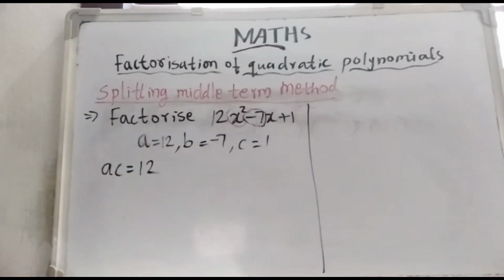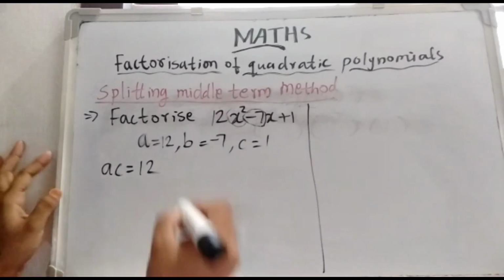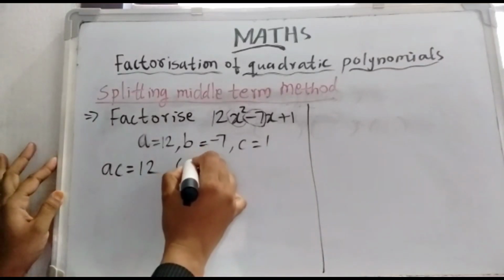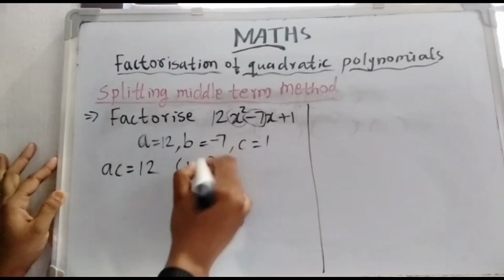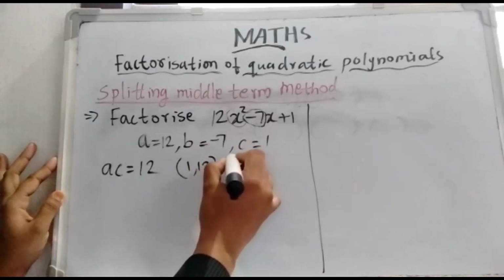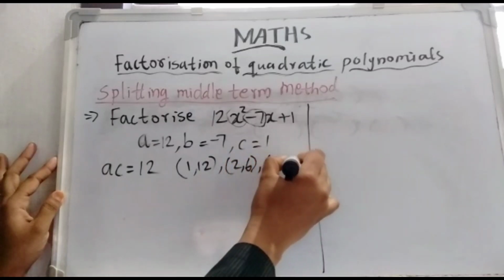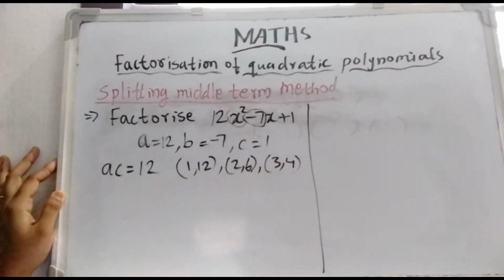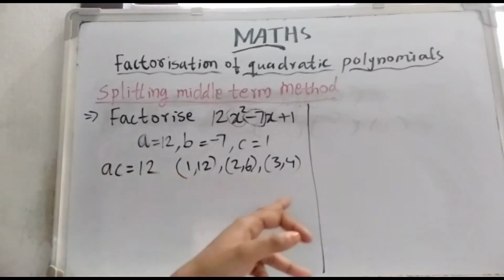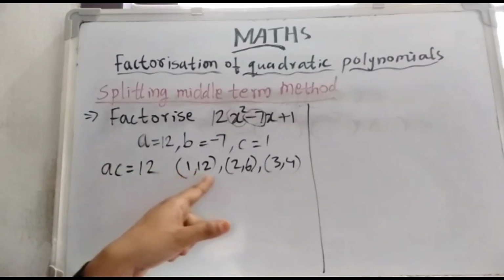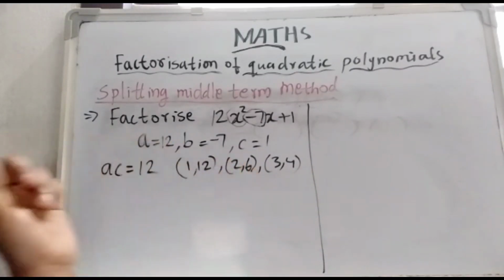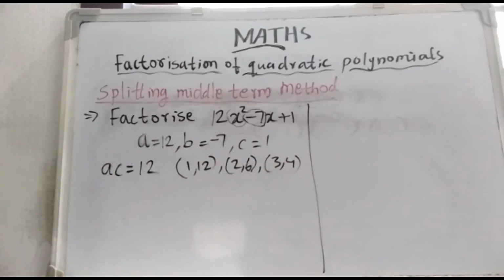Now let's take the factors of 12. 1 into 12, 2 into 6, 3 into 4. Only these are the factors: 1 into 12 is 12, 2 into 6 is 12, 3 into 4 is 12.